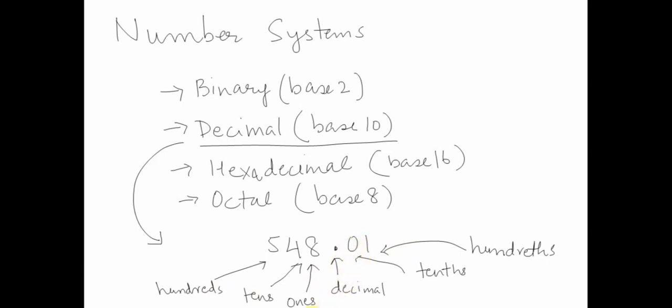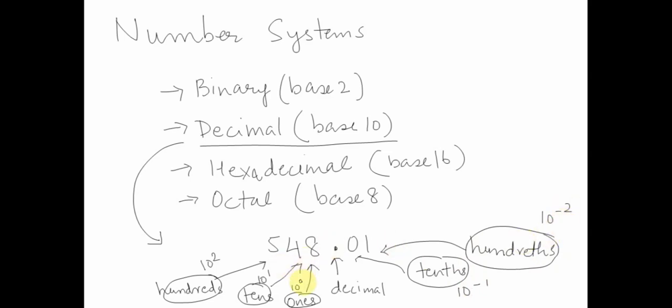Ones is nothing but 10 raised to power 0. Tens is 10 raised to power 1. Hundreds is 10 raised to power 2. Similarly, tenths is 10 raised to power minus 1, and hundredths is 10 raised to power minus 2.